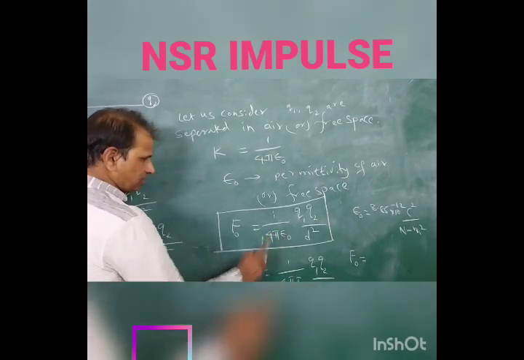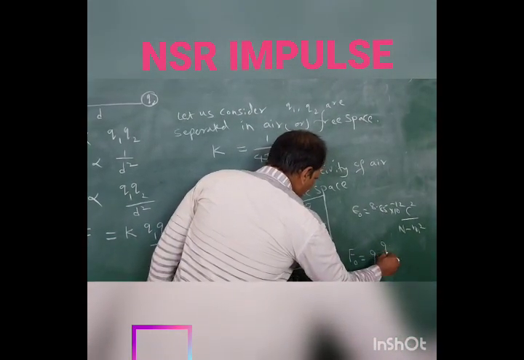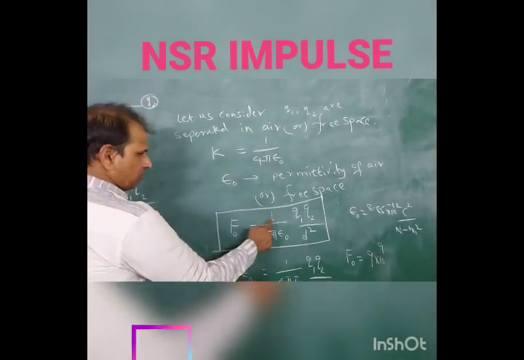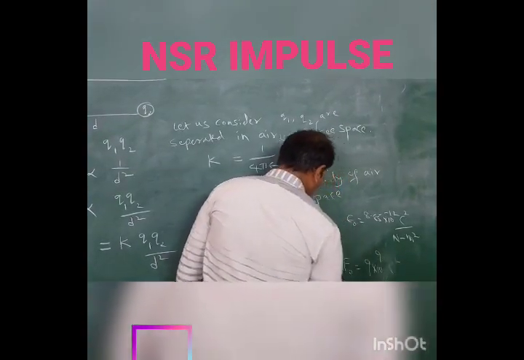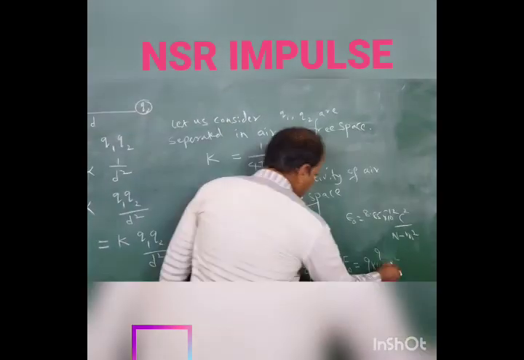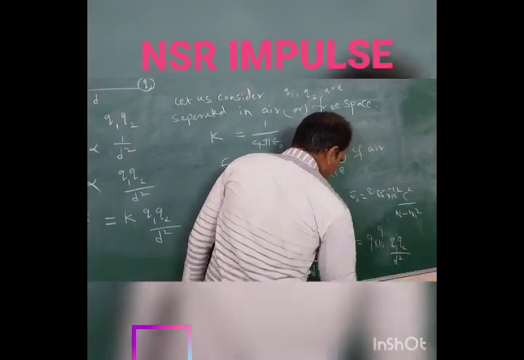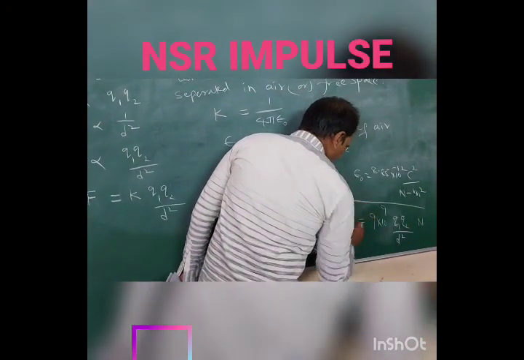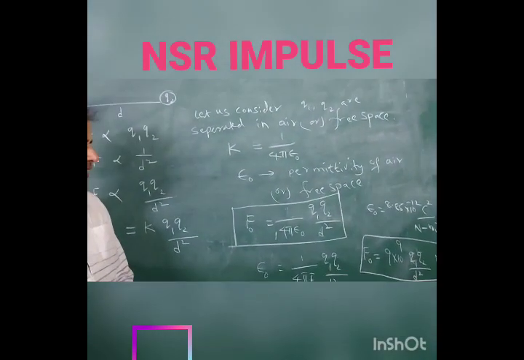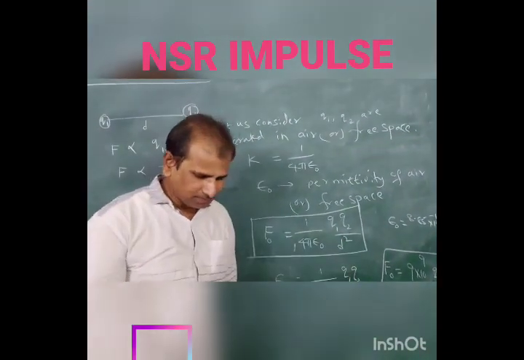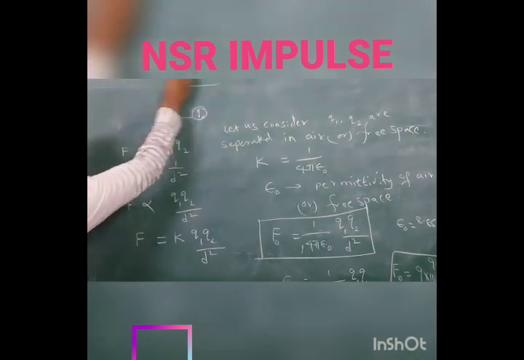That value if I substitute, it becomes 9 into 10 power 9 coulomb square, 9 into 10 power 9 Q1 Q2 by d square Newton. This is the force between the two charges in air or free space.